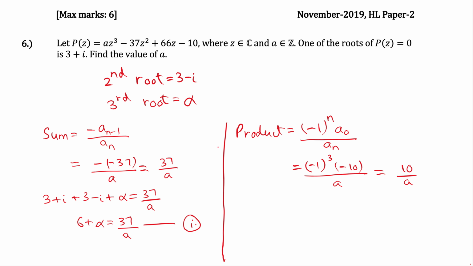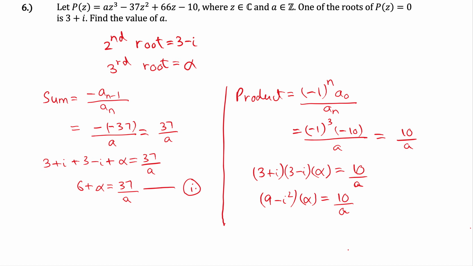So what I can do is multiply all 3 roots. So 3 plus i times 3 minus i times alpha will equal 10 upon a. Now to multiply this, I can use the difference of squares formula. So this will be 9 minus i squared times alpha, which is equal to 10 upon a.